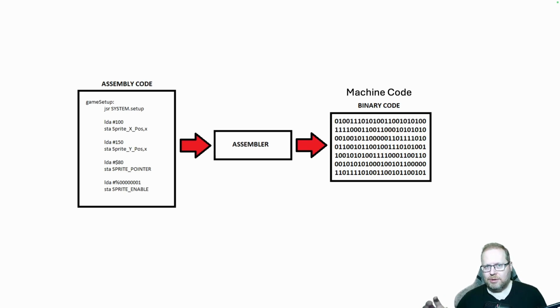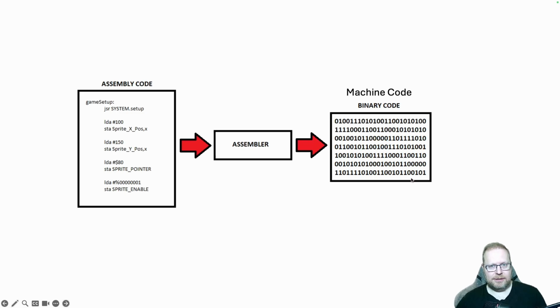In machine code, there are only hexadecimal numbers, which at the end of the day are turned into ones and zeros, because that's the only thing the computer can understand. Any computer. Computers can only understand ones and zeros. So basically what the assembler does is take our assembly code and make a binary file for us.